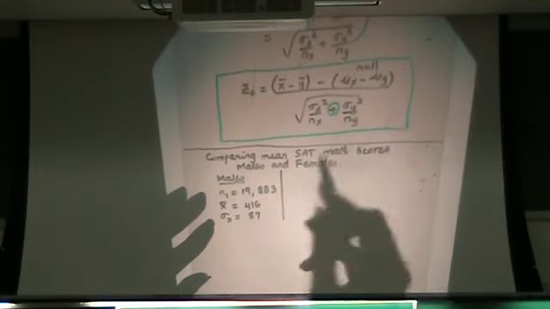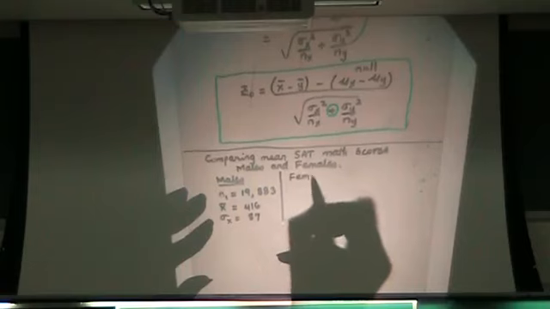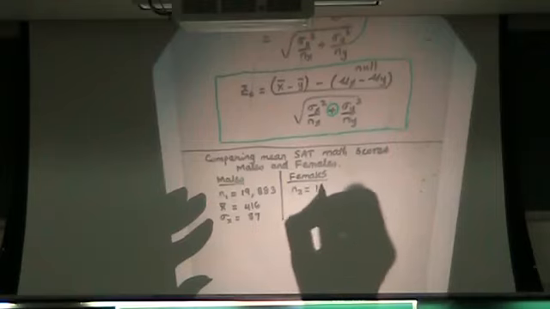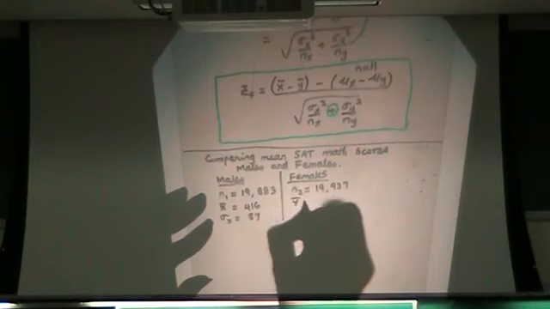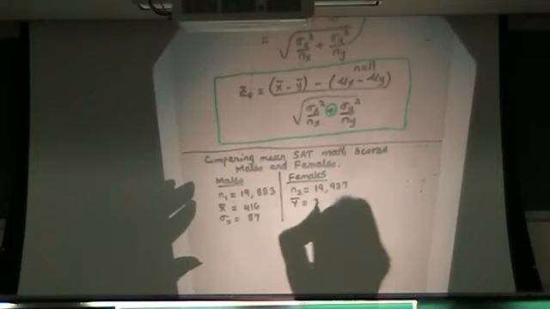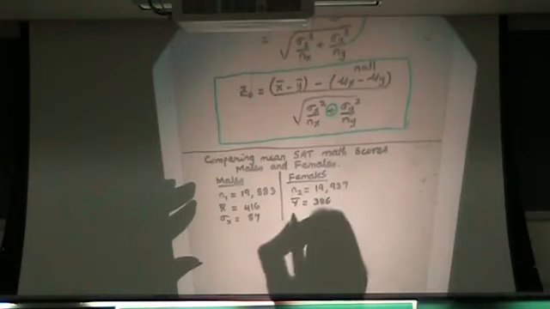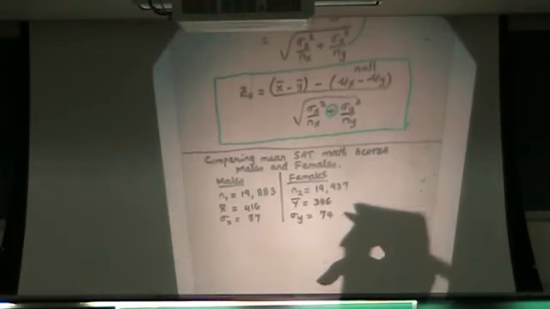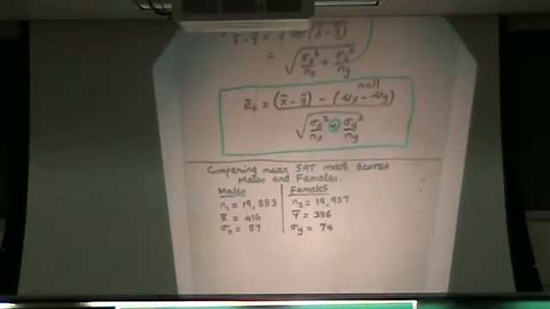And then you have another population, females, from which you take a sample of size N2 equals 19,937, Y bar equals 386, and sigma Y is given to be 74. I am just reading from page B, the second half, okay?